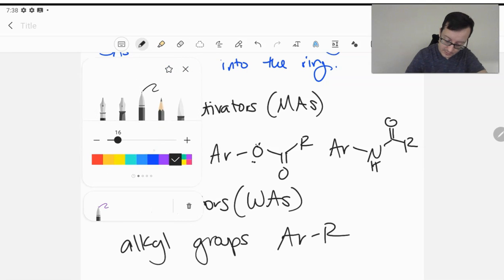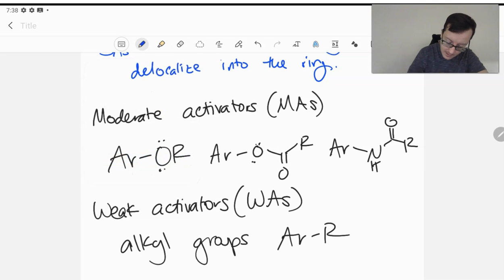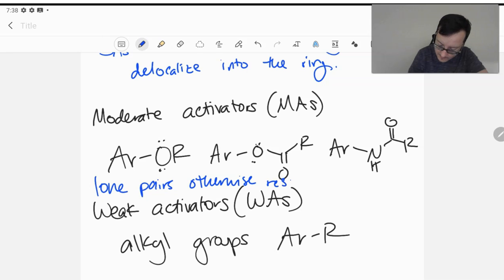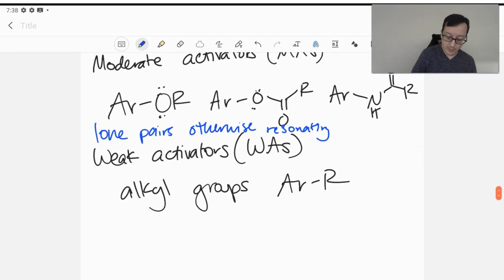And so we see here that the moderate activators have lone pairs that are otherwise resonating. So they resonate outside the ring as well as inside the ring. So they're caught between two areas of resonance. Alkyl groups have no resonance. They activate only through hyperconjugation.